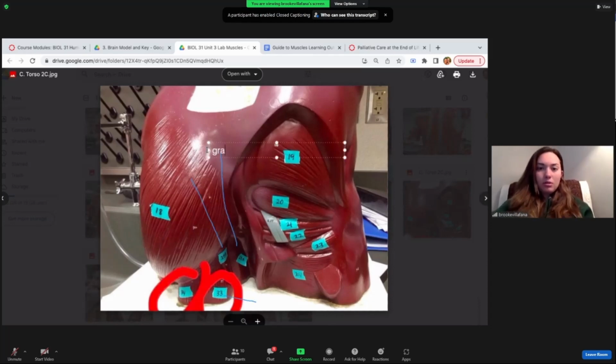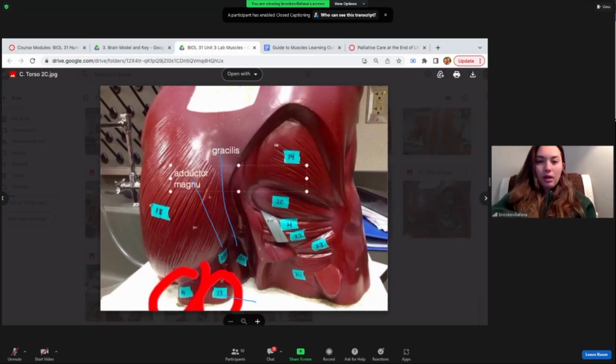So this is gracilis. Although they might be classifying this, I think they're saying that this is adductor magnus. Yeah, because adductor magnus is higher up versus semimembranosus would be lower down. So this is again semitendinosus. You can see that. So take another look at the butt muscles. Like I said, these will be on your test because you needed to know them on a different model.